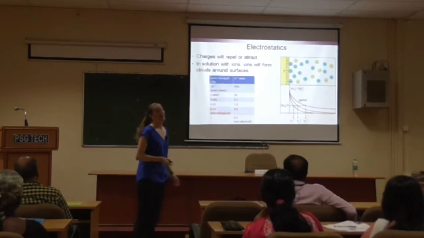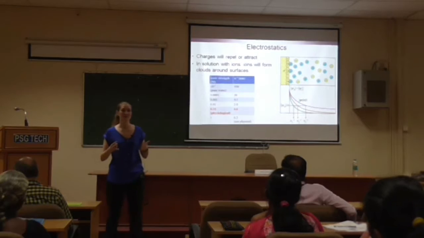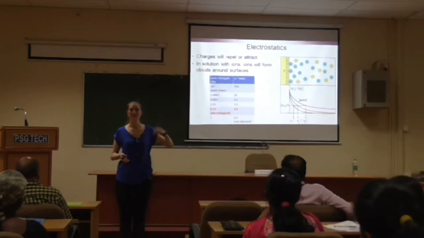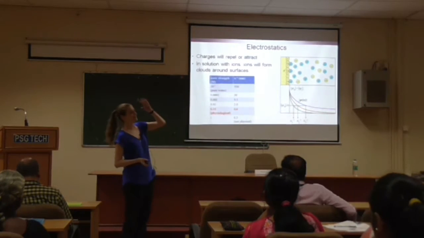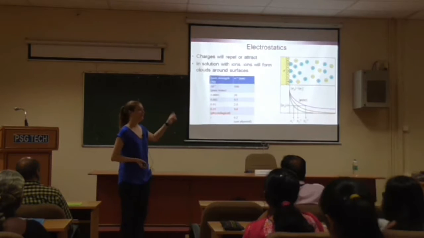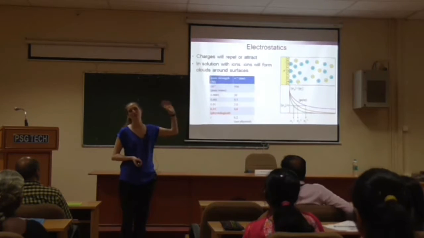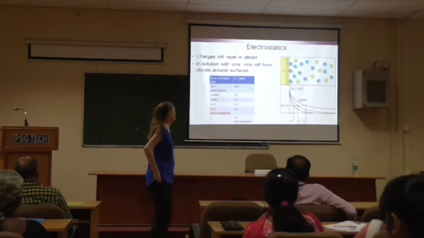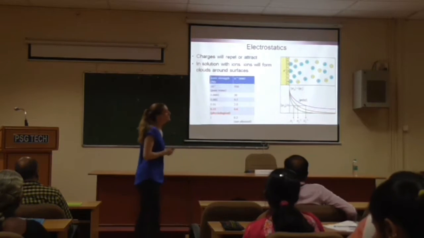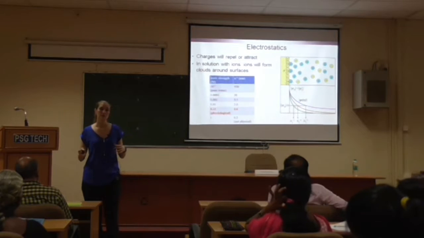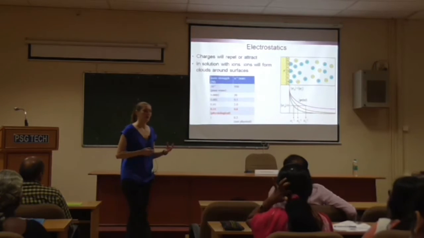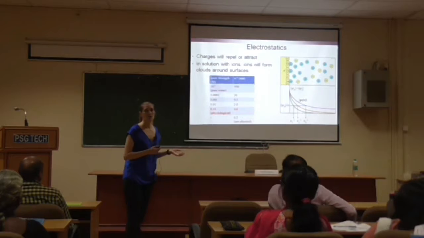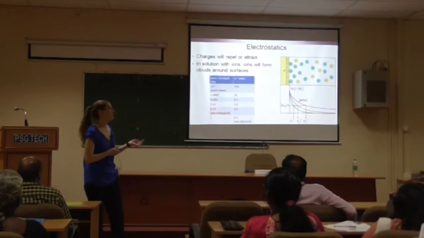Actually, for anyone who has contact lenses, saline solution for contact lenses and salt eye drops are at 0.15. So if you've ever accidentally gotten some of that in your mouth, you know how salty it is. So all those salt ions in solution will shield some of the charges interacting.